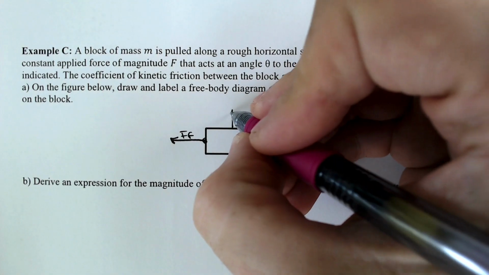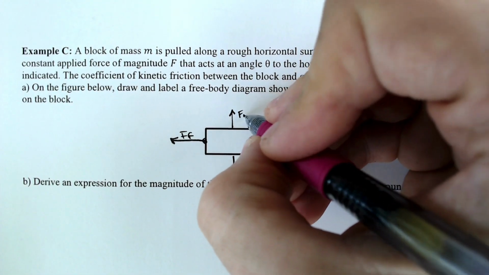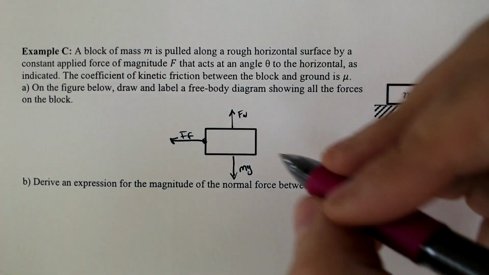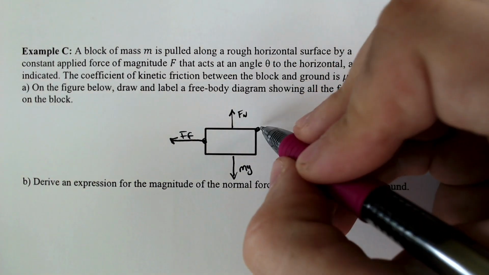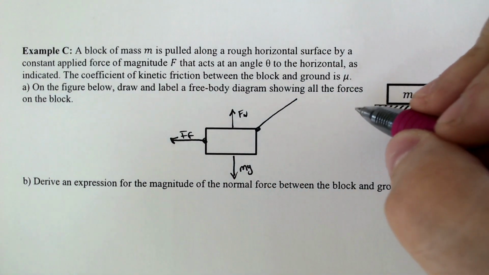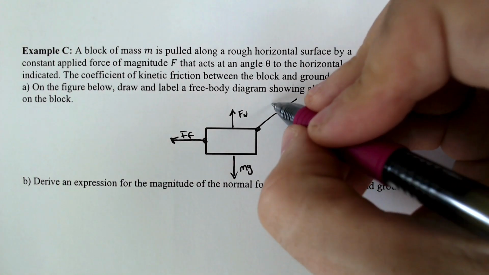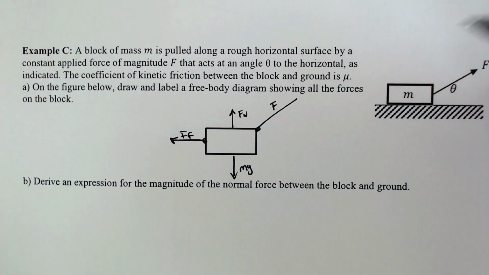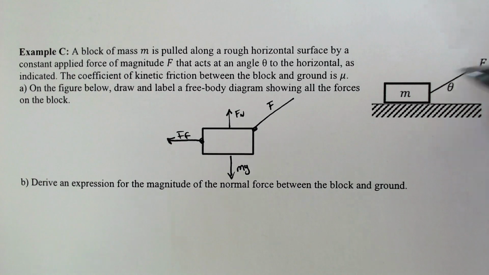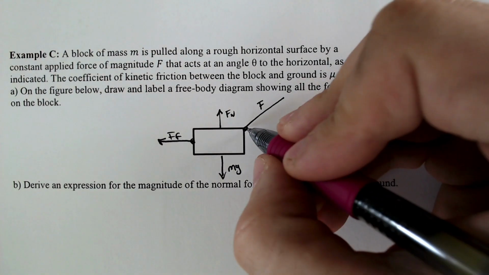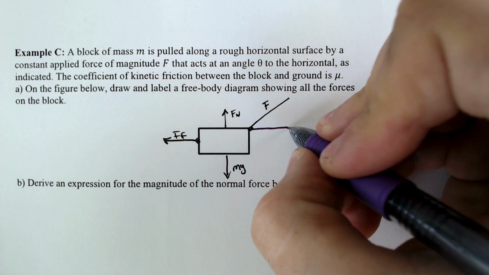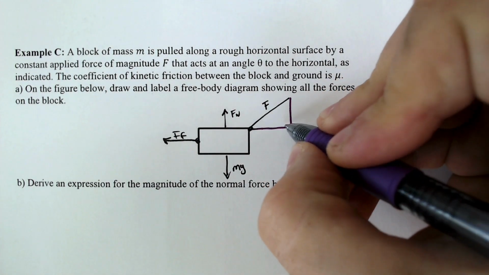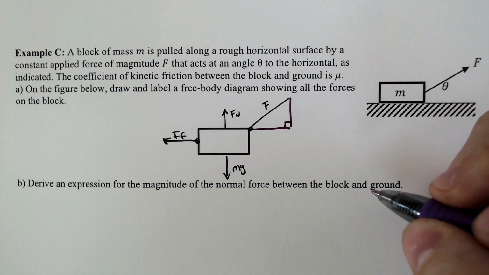You would still have the normal force, and on top of that, we would have this rope pulling on the object, and that would be the force you actually applied. But it needs to be separated into two different components, the horizontal component and the vertical component.